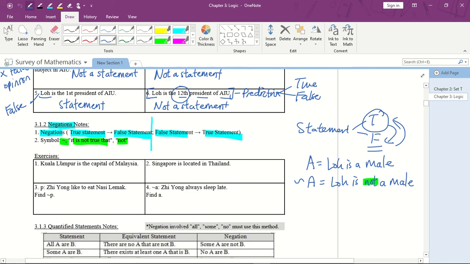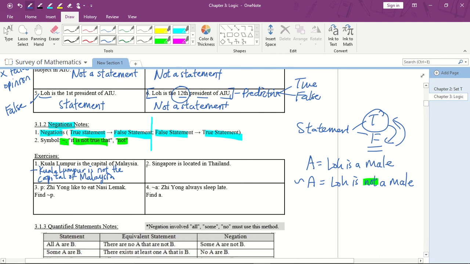To make it the other way around, true to false or false to true, we can make it: Kuala Lumpur is not the capital of Malaysia. Okay, this is how we make a true statement become a false statement. Just for information, this is a true statement, and now we make it into a false statement.